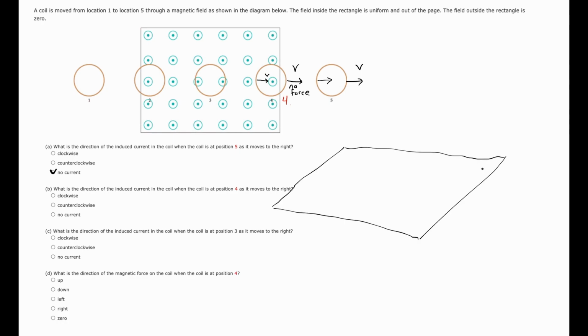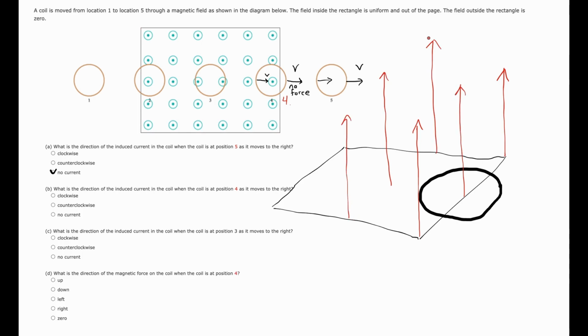I'm saying that we have a loop which is partially in the magnetic field region. And in that region, there are field vectors coming out of the page like this. And the wire is made up of metal, which is positive and negative charges.